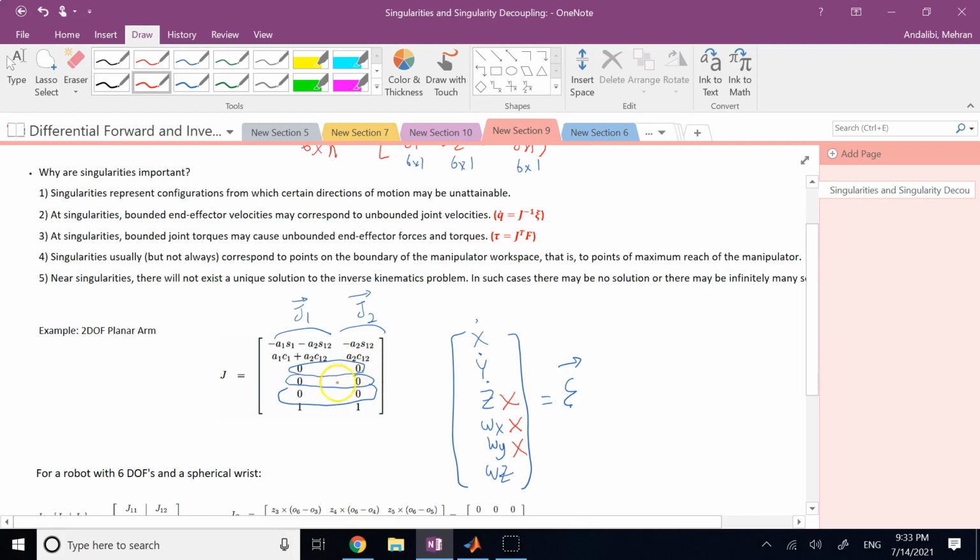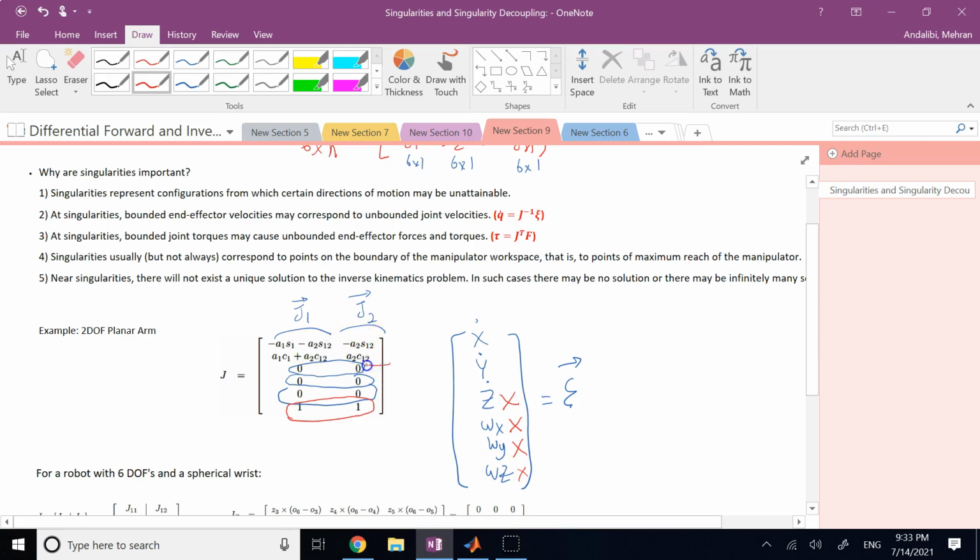Then this one, if you remember, we also discussed this, and I showed you that really this is also impossible to achieve a separate omega z. If you can determine x dot and y dot independently, omega z is automatically determined as q1 dot plus q2 dot. So this one is not really going to be independent. So now let's just focus on this 2 by 2.